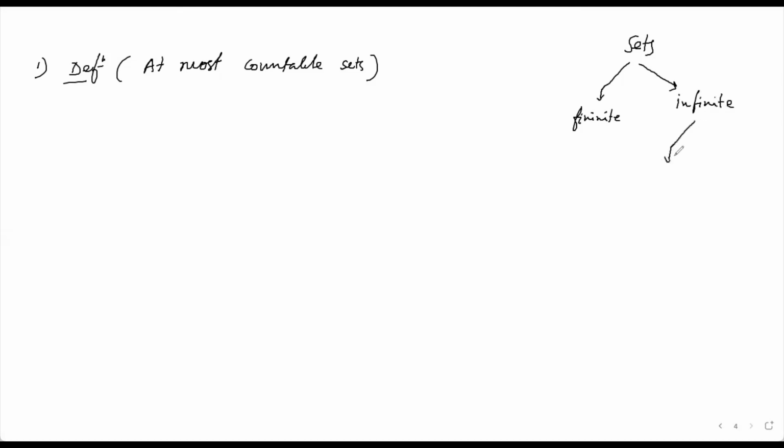And here we have countable and uncountable. The finite sets and countable sets together are called at most countable.